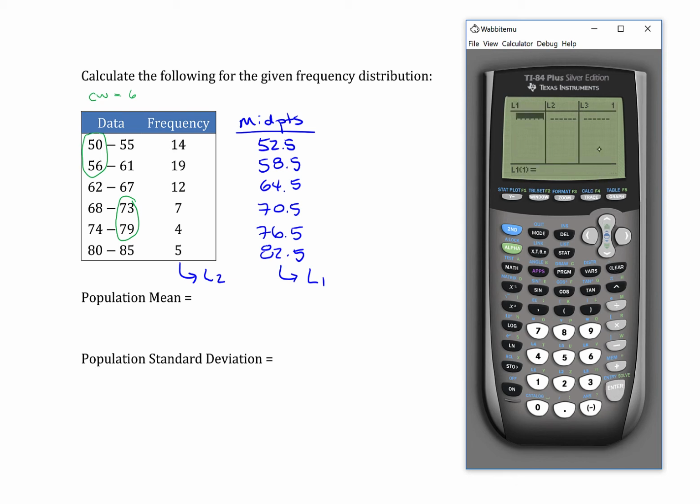Just highlight the name and press Clear, then Enter. And start entering your individual class midpoints into L1. Okay, and the frequencies corresponding into L2.